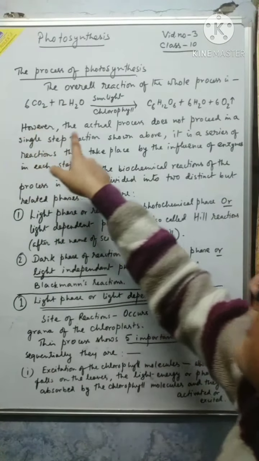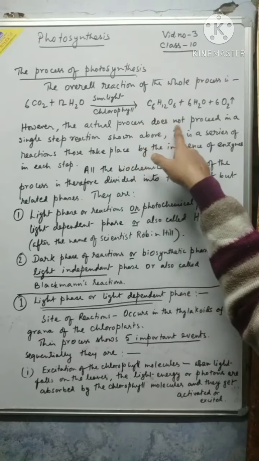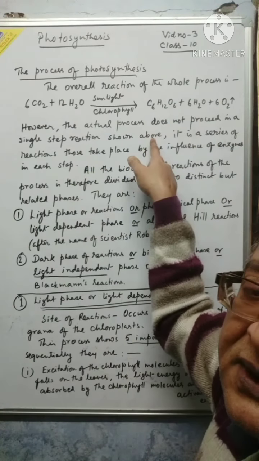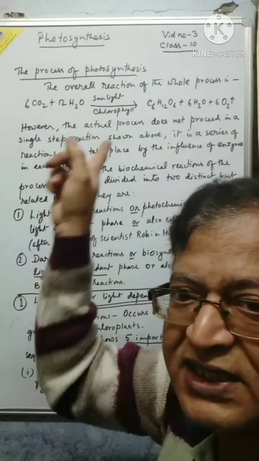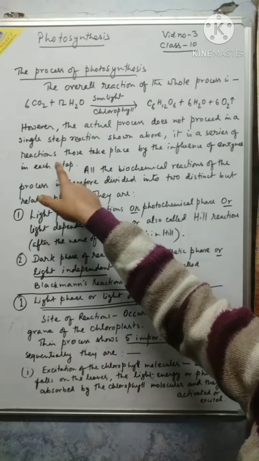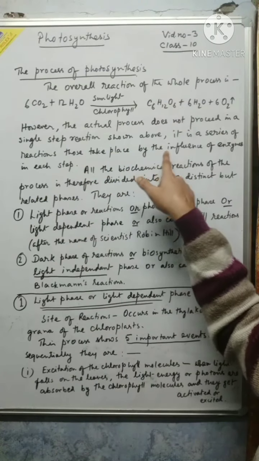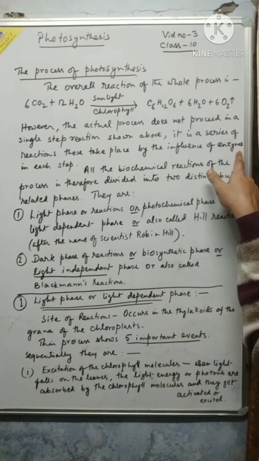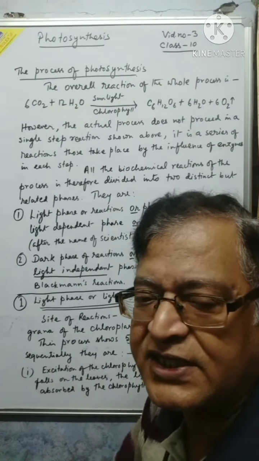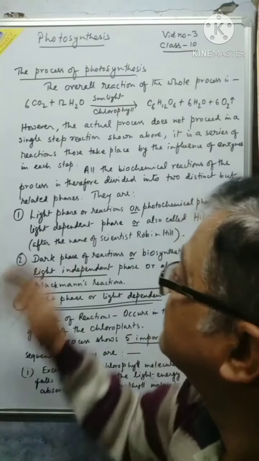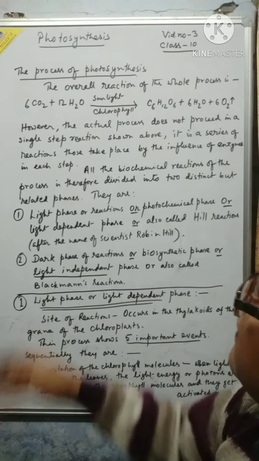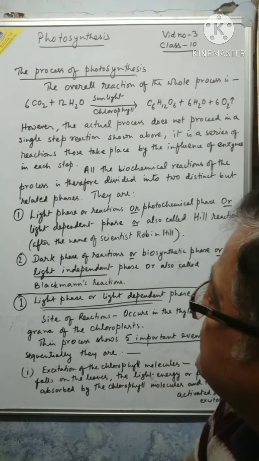However, the actual process does not proceed in the single step reaction shown above. It is a series of reactions, which take place by the influence of enzymes in each step. A series of reactions take place, starting with the reactants of the process.